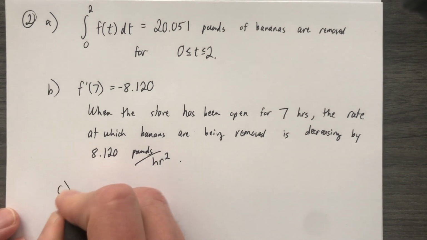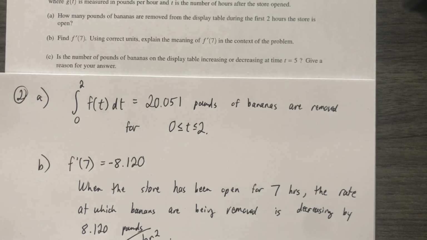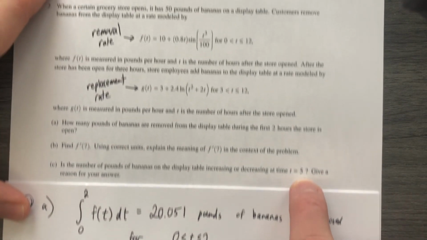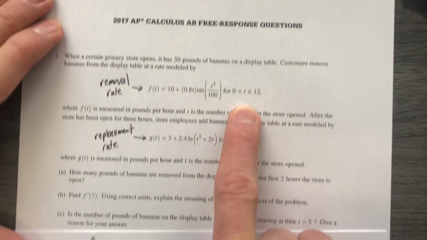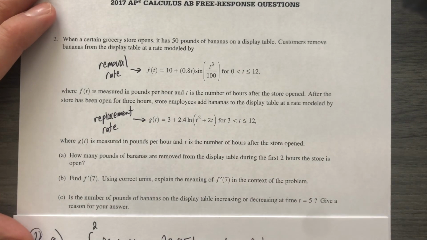Okay, part C. Is the number of pounds of bananas on the display table increasing or decreasing at time t equals 5? So here's what I need to do. I need to find out the rate at which bananas are being removed from the table at t equals 5, and the rate at which they're being replaced, and I'll see which one's more powerful, right?